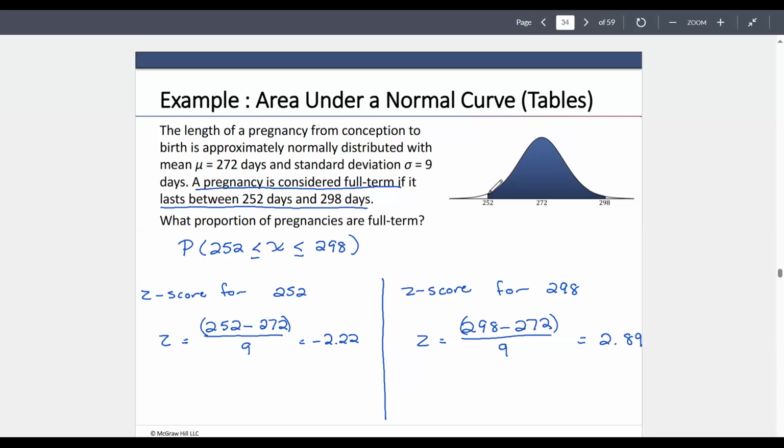So this image here shows me what I'm looking for, this area between these two z-scores. If you convert this all to z-scores, this means I'm looking for a z-score between negative 2.22 and 2.89. So I'm really looking at the probability that my z-score is between those two values.